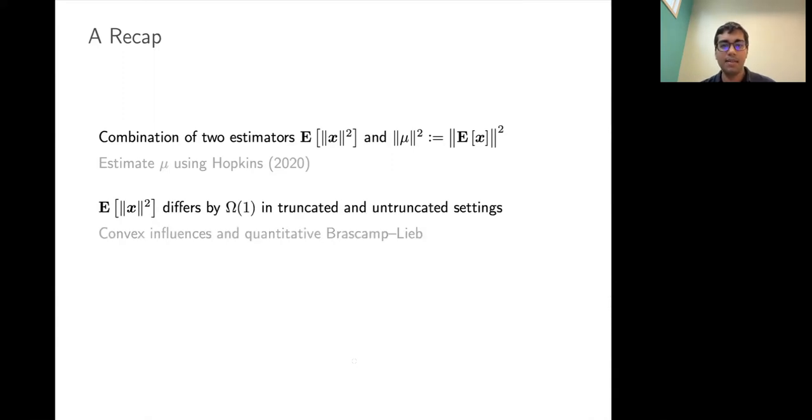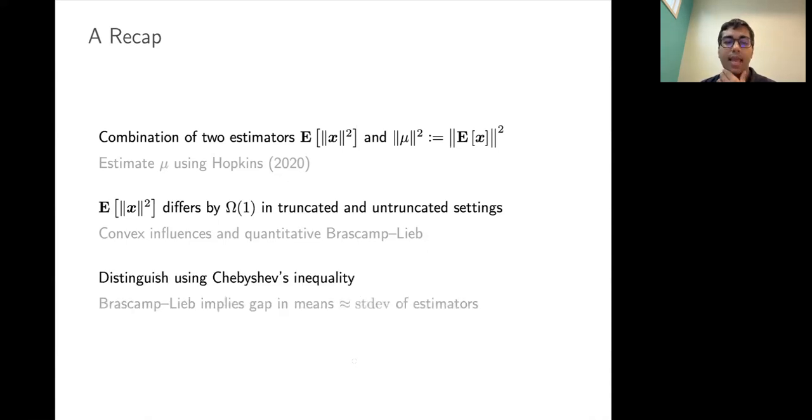For the squared length of samples based test, the statistic will differ by a constant between the truncated and untruncated settings. And this is a consequence of this Poincare inequality and this Brascamp-Lieb stuff. And finally, you can just distinguish using Chebyshev's inequality. So Brascamp-Lieb gives you that the gap in the means is comparable to the standard deviation of the estimators. Right, so that's a very quick recap of everything I talked about.